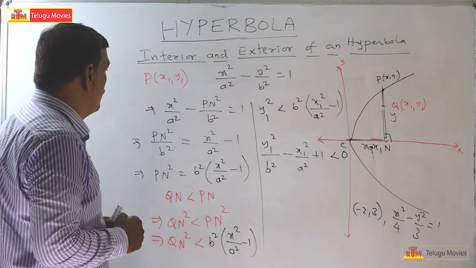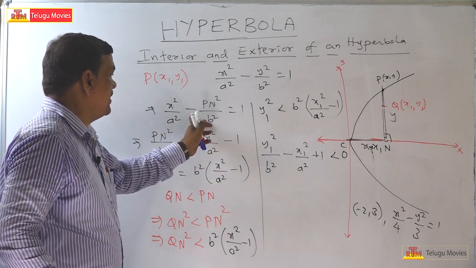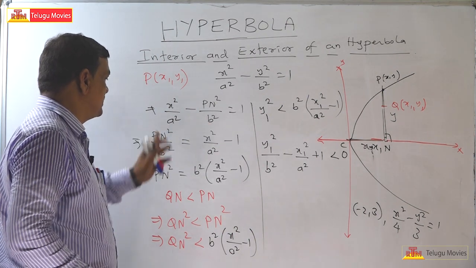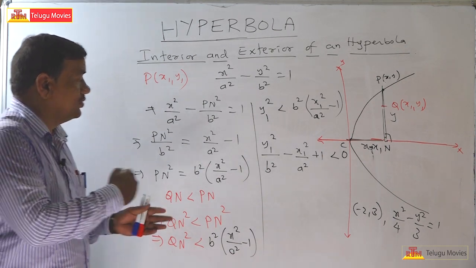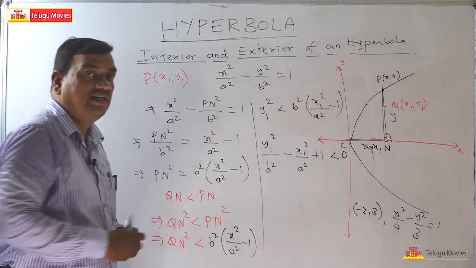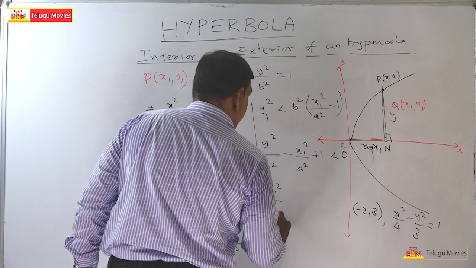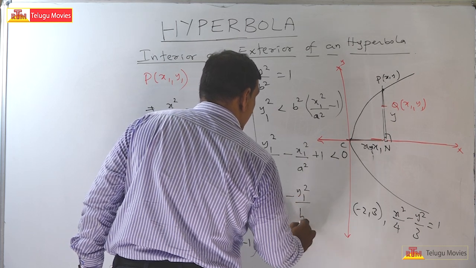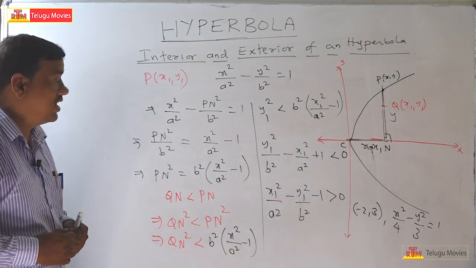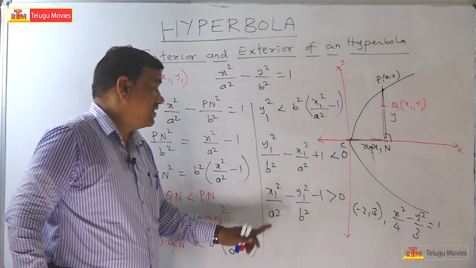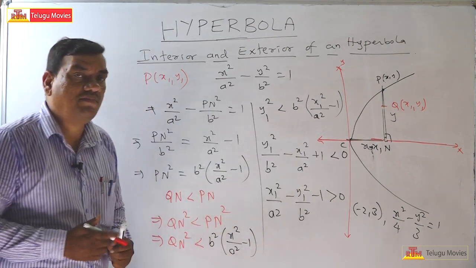Taking the terms to the other side, we multiply by the minus sign on both sides, so x1 square by a square minus y1 square by b square minus 1 is greater than 0. Multiplying by minus 1, less than becomes greater than.